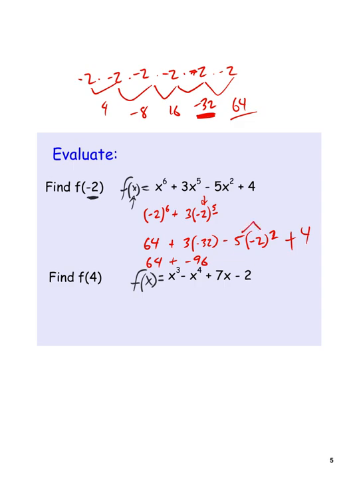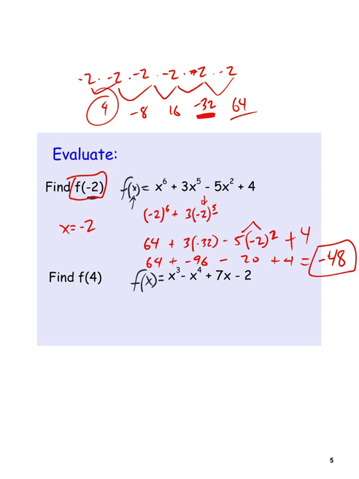This again here is going to be 5 times 4. -2 squared is 4 up here, so that would be -20, and then +4. You add or subtract all those up, and you get -48. So the value of this function, when we evaluate it at x equals -2, is going to equal -48.